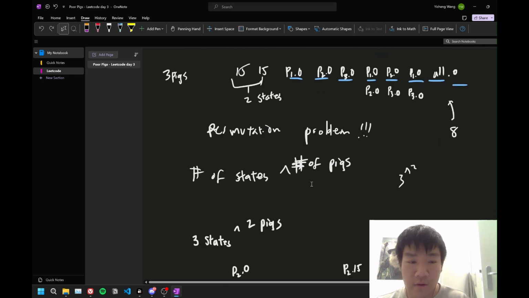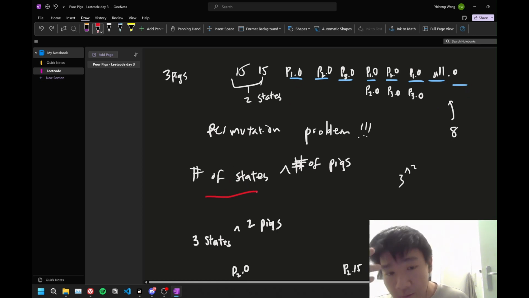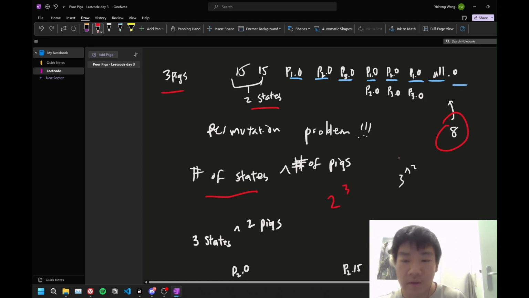It's a permutation problem, and the number of buckets you could test is the number of states, which is the time to test over the time to die plus one, raised to the power of the number of pigs. So, for example, two states, three pigs, that's 2 to the 3, which is 8, as you can see right here.